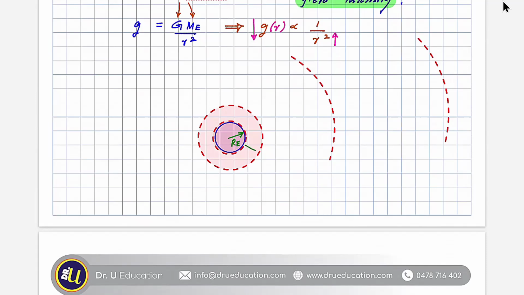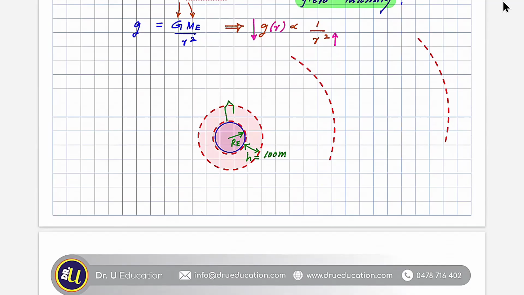I'm going to get this height to be, suppose, 100 meters. So that means a building.